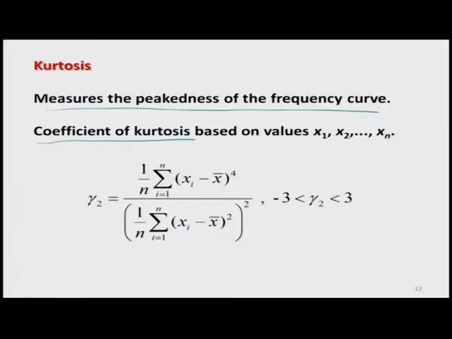This is also a similar measure, but here we take the deviation of every observation from the mean, then take its fourth power and then take the average. And similarly in the denominator also we define a similar quantity, and this measure is usually denoted as gamma 2, and this value of gamma 2 lies between -3 and +3.